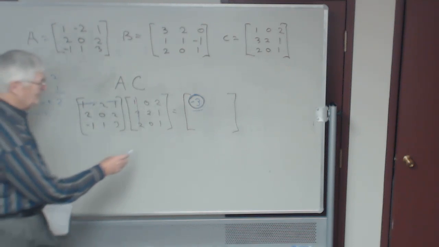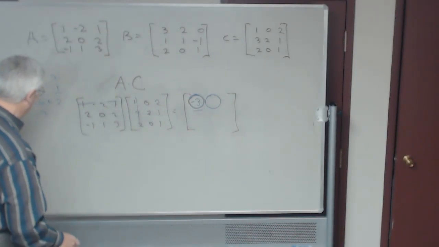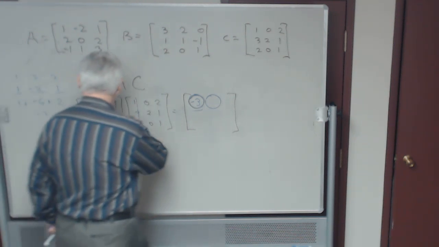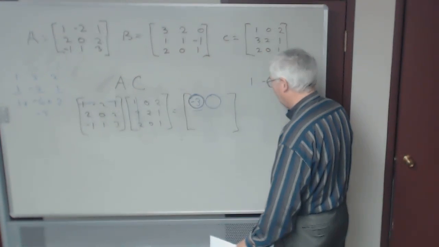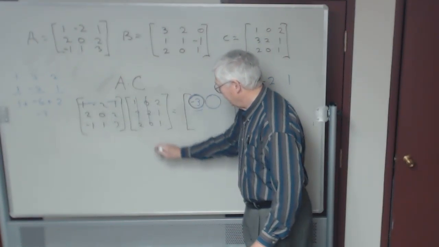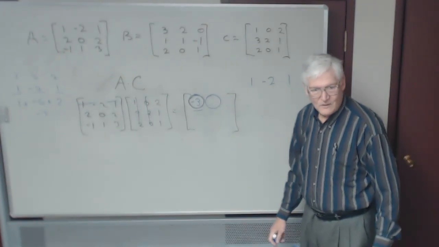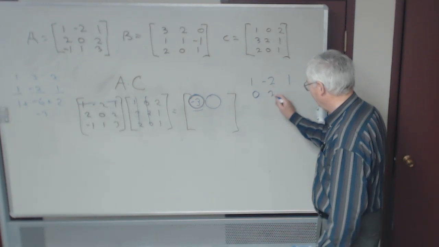So now, let's do the second one. What would that be? The first row, 1, negative 2, 1, and the second column. See that? What's the second column? 0, 2.